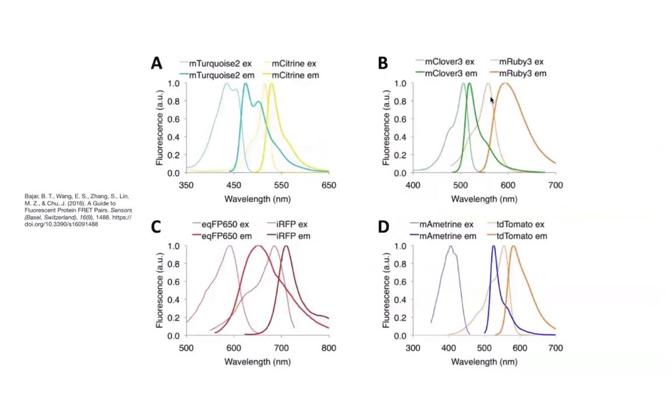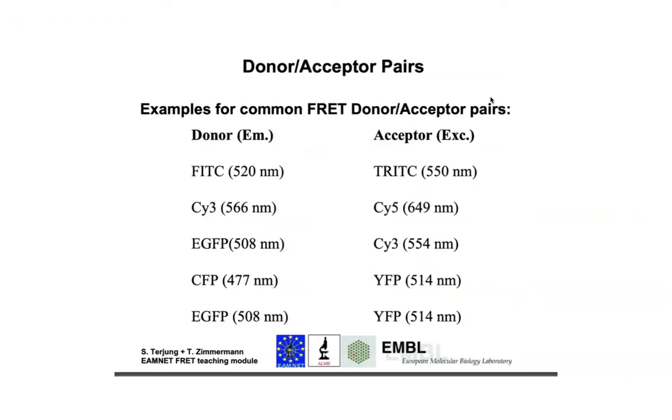So you can have different combinations of different fluorescent proteins and different small molecule dyes, and you are not expected to remember all of these. But you should remember that you need the emission of the first one to be near the excitation of the second one. Often it won't be perfect, because we're talking about the maximum, but remember we have that wiggle room, more of a curve.